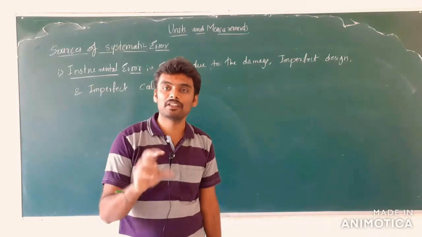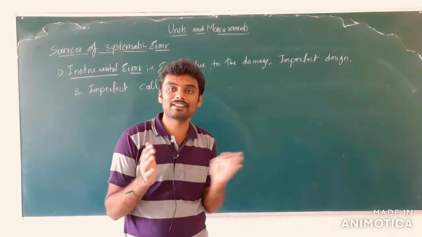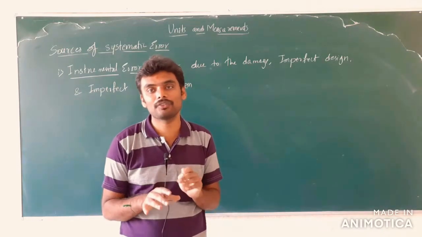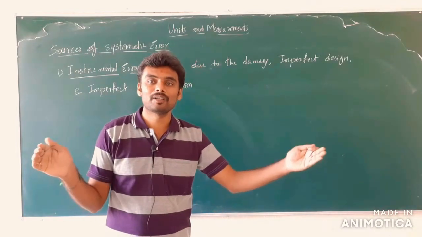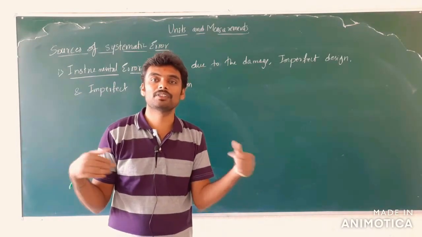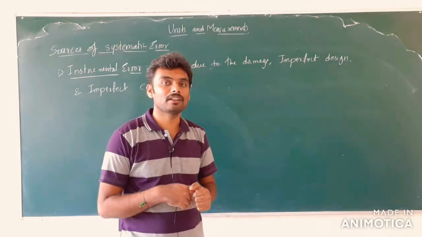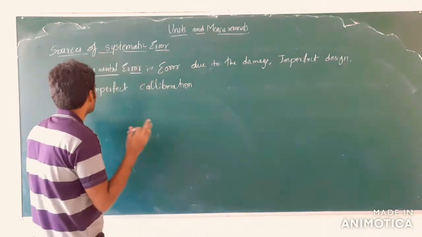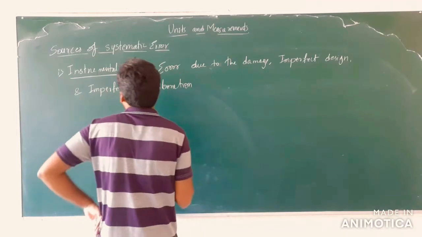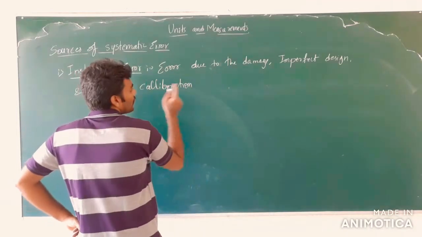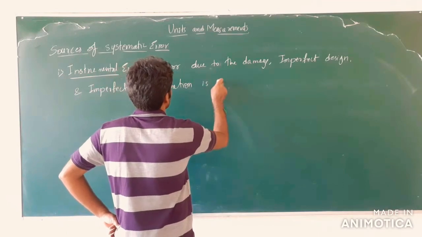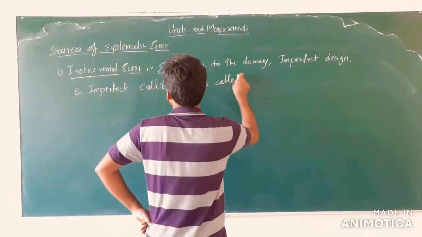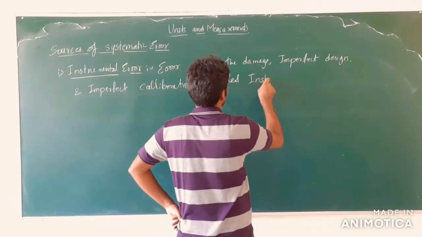Giving the readings, designing it or calibrating it somewhat close, but that is what calibrating is. Yes, this stick is 1 meter. That is done using another instrument, right? So that requires precise design. So imperfect design and imperfect calibration is called instrumental error.